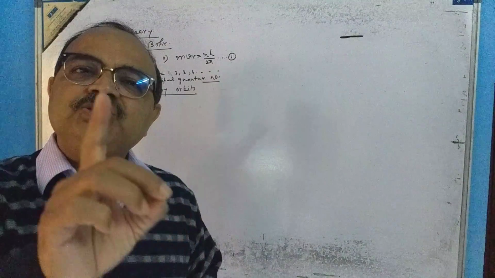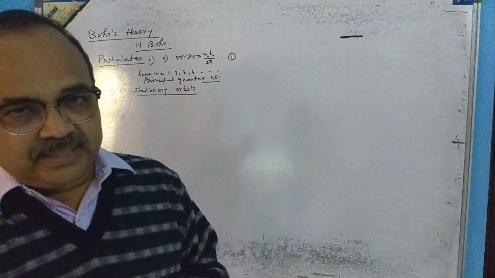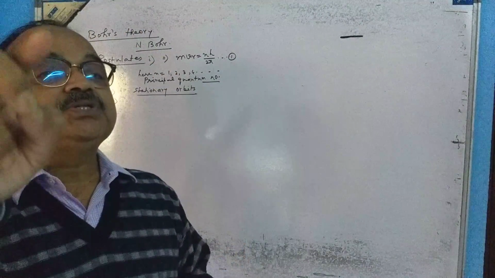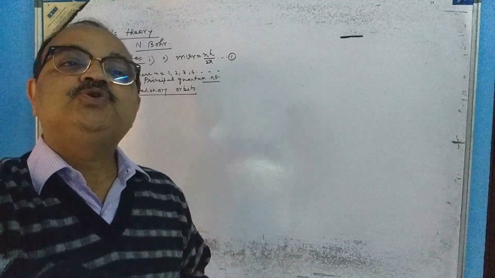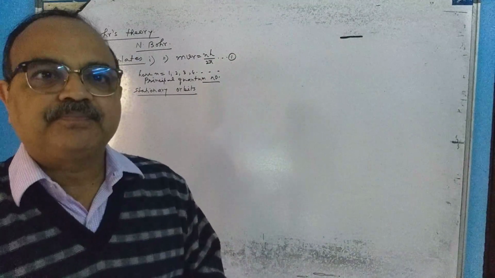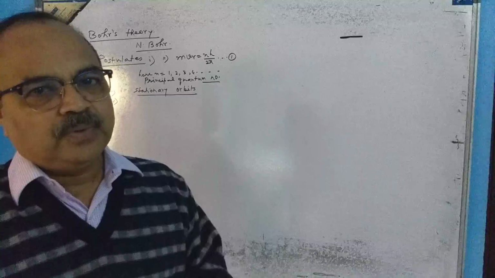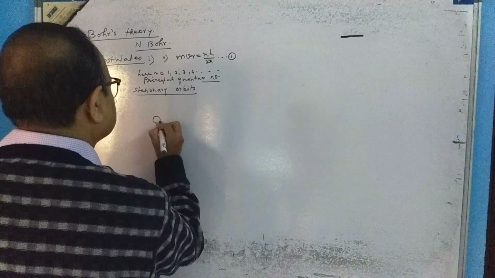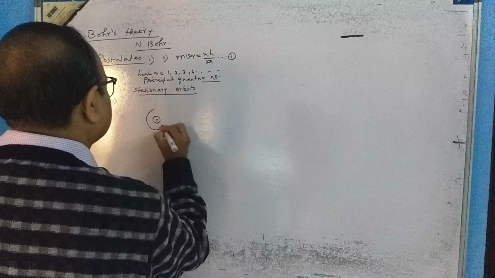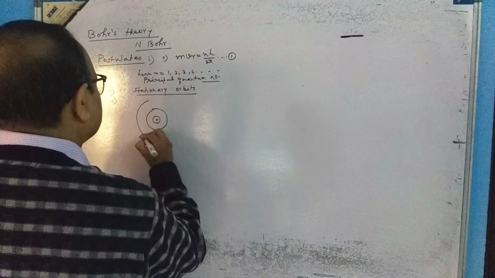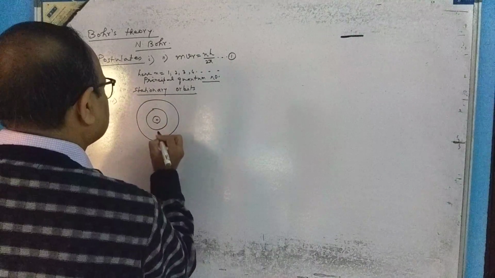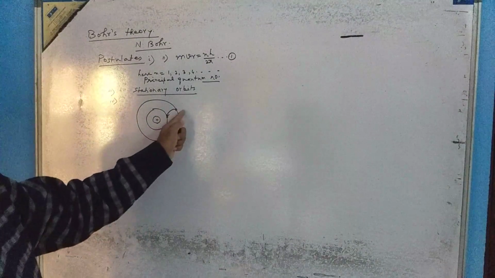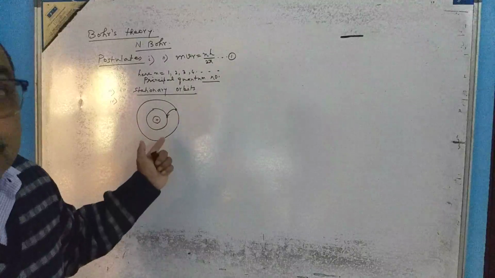Electrons radiate or absorb energy only when electrons jump from a higher orbit to a lower orbit or vice versa. Suppose this is the nucleus, and just for understanding, suppose the electron is jumping from a higher orbit to a lower orbit, meaning outer to inner.